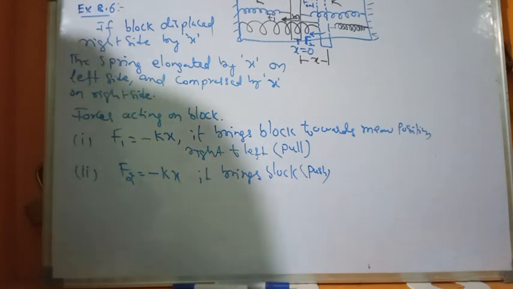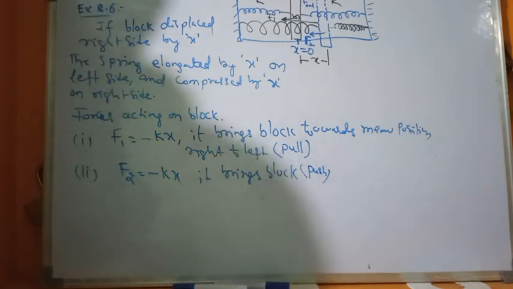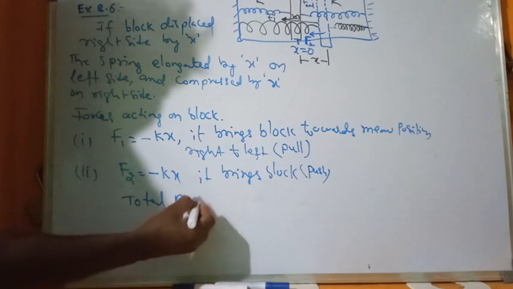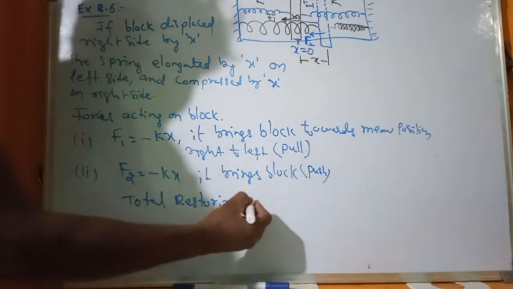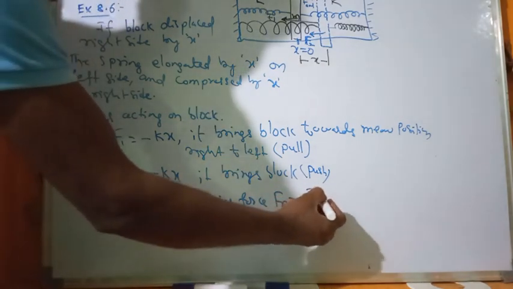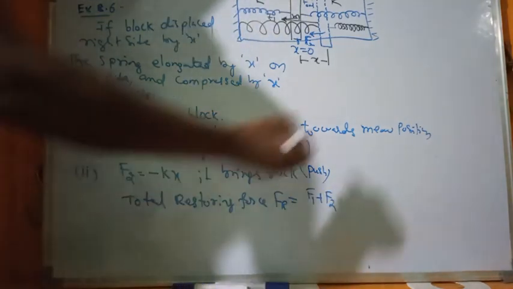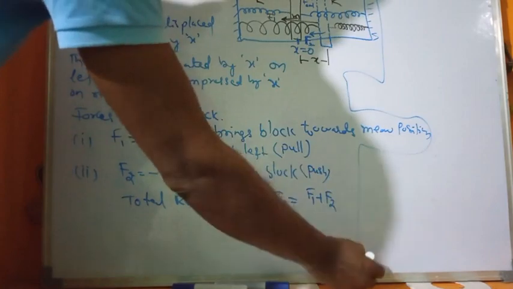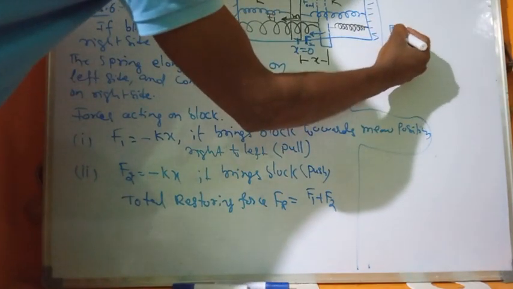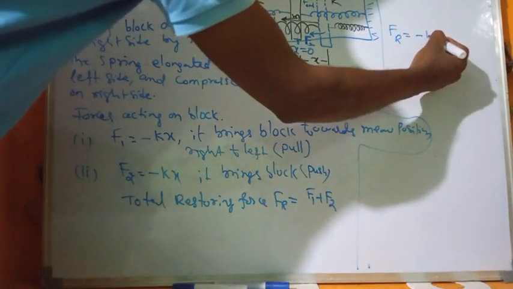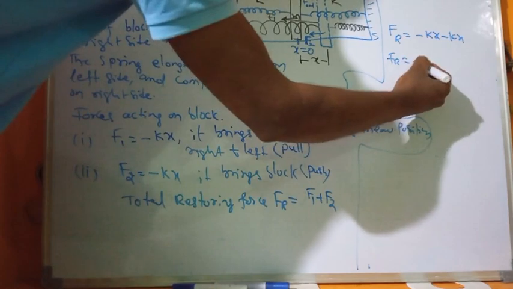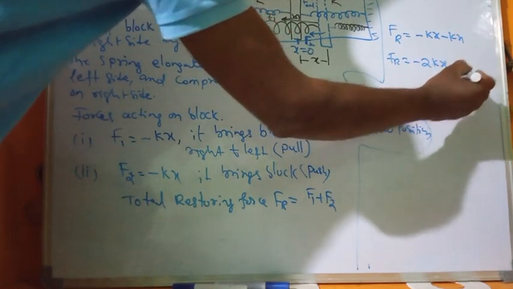Then the total restoring force acting on the block, Fr, is equal to F1 plus F2. So Fr is equal to minus kx minus kx, that is Fr is equal to minus 2kx.